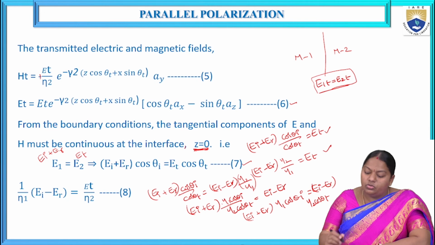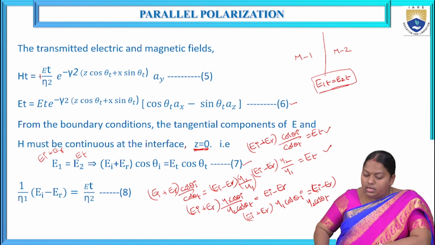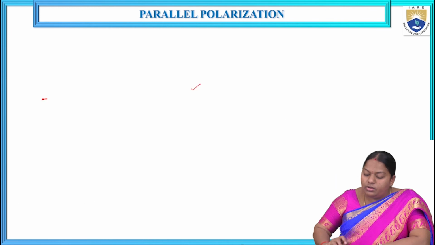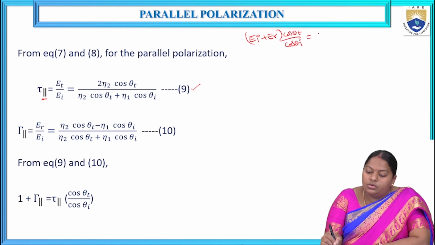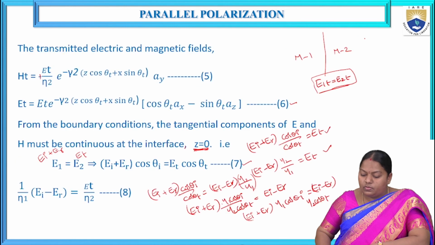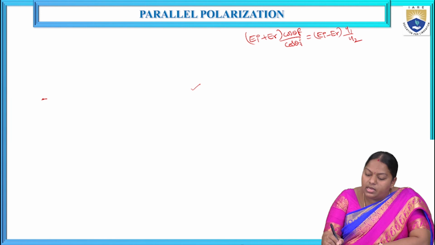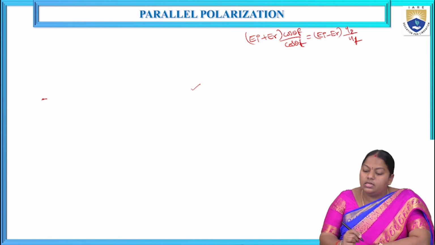So by adding these two equations, (Ei plus Er) into cos theta t by cos theta i equal to (Ei minus Er) into eta 1 by eta 2, cos theta i by cos theta t, and here eta 2 by eta 1.